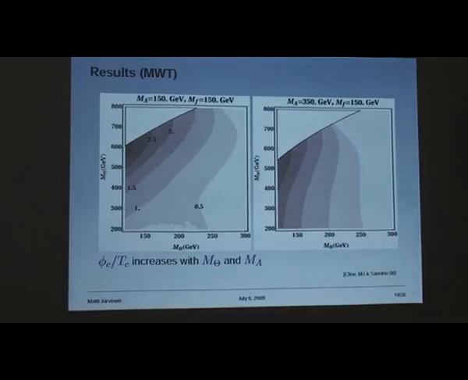So why is the phase transition strongly first order in this model? Well, you have lots of bosons, so that's typical.